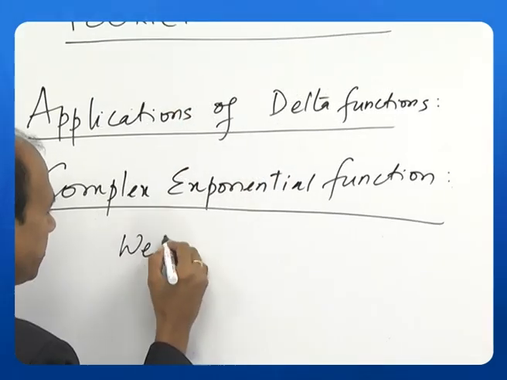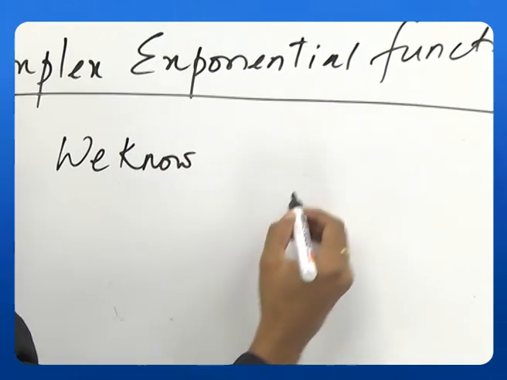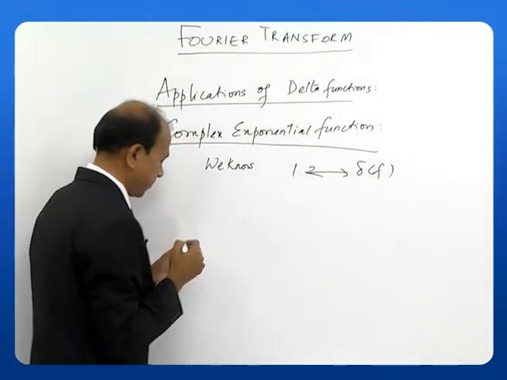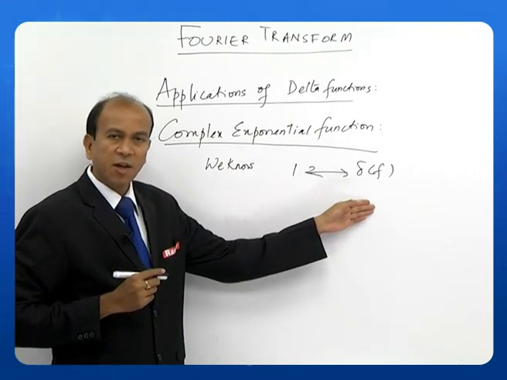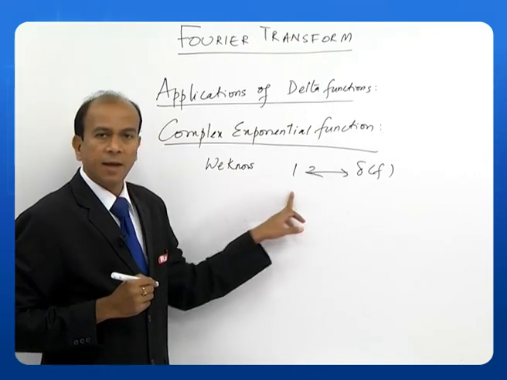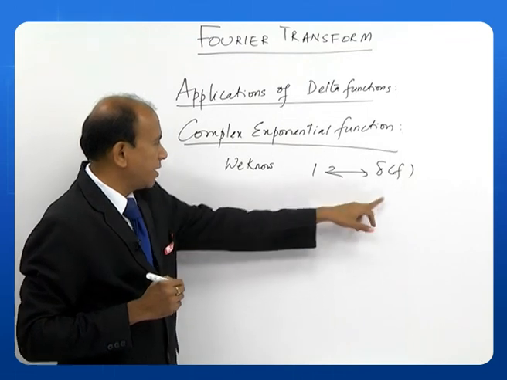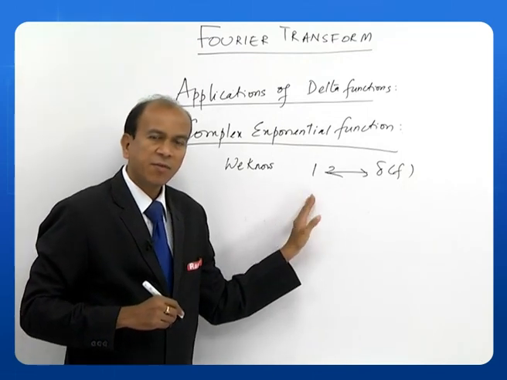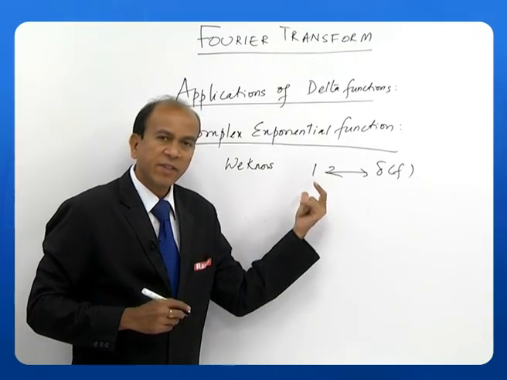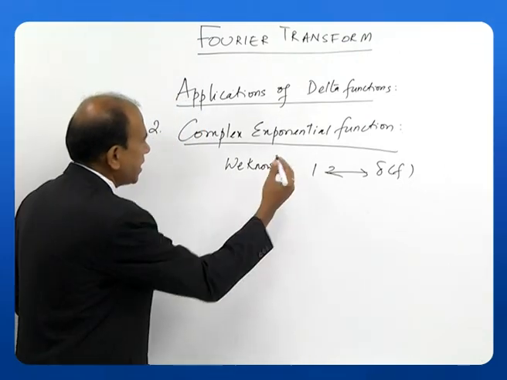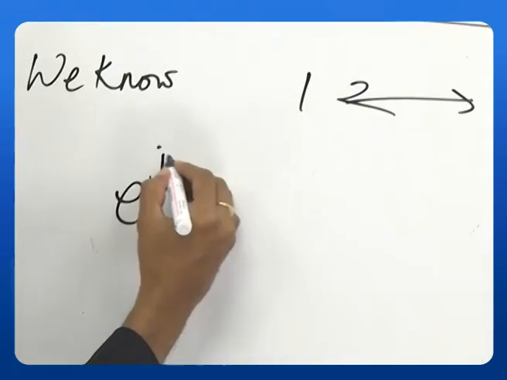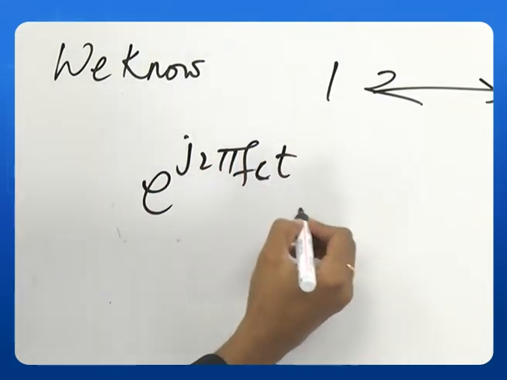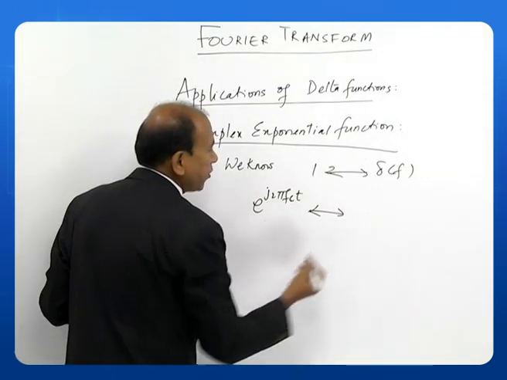So, we know, just now we have seen this, that 1 will have a Fourier transform of delta f. Now, if this is multiplied by, let us say, exponential of j2 pi fc t, then what will be the Fourier transform for this?